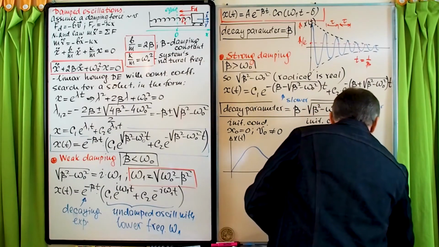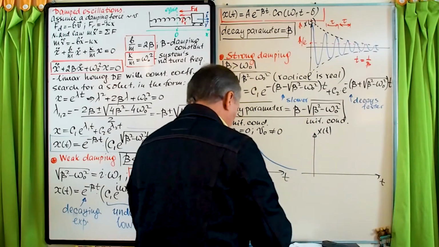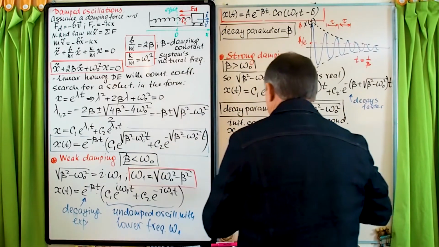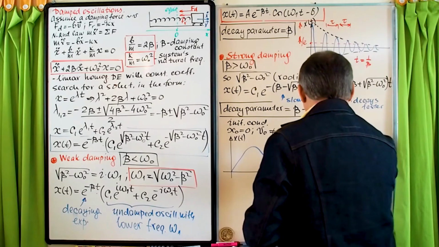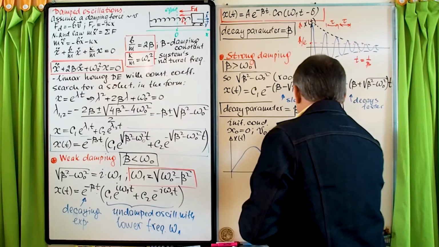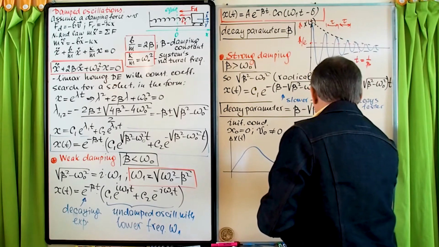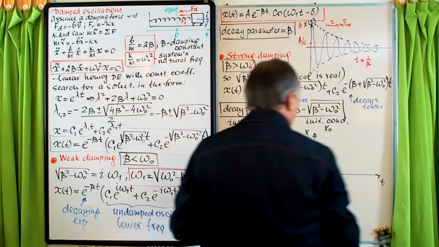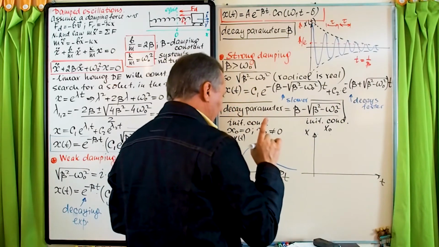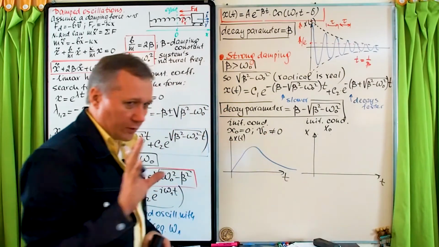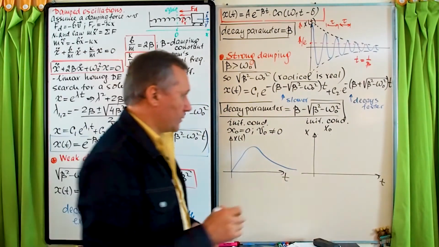If we plot versus t, x naught is displaced, so v naught will be 0 and x naught is not 0.